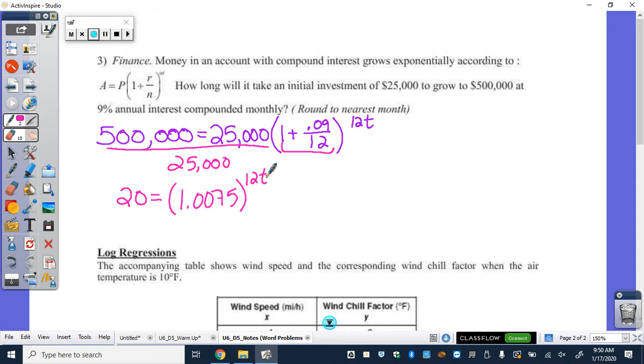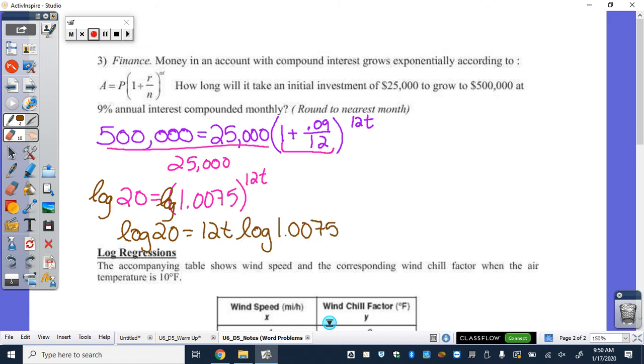But either way, you have to do one of those two things. I just picked one, log. So if I take the log of both sides, I get the log of 20 equals 12t times the log of 1.0075.